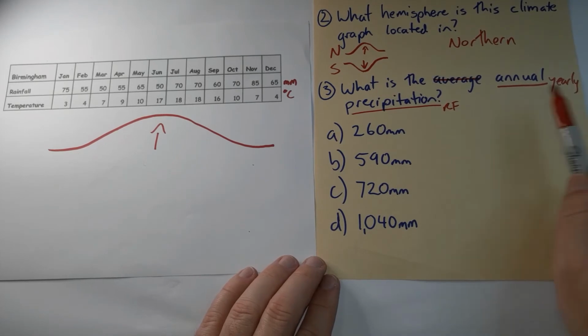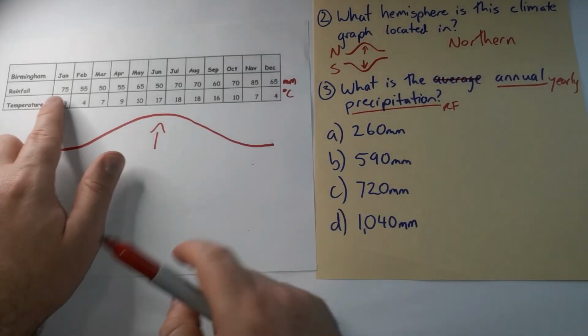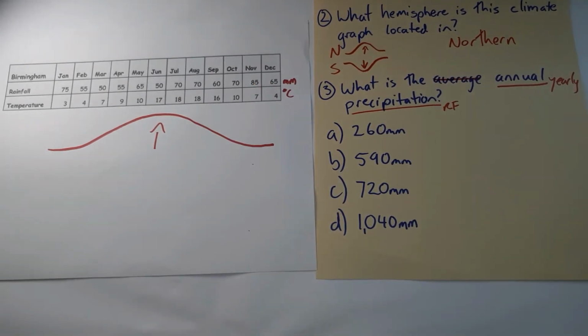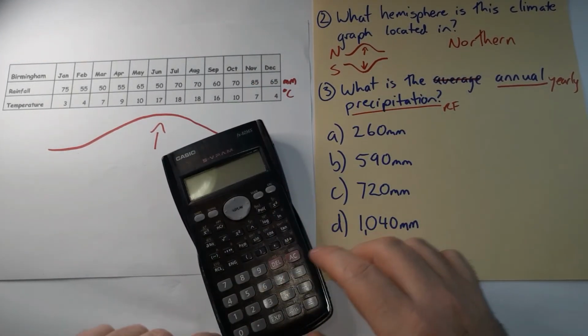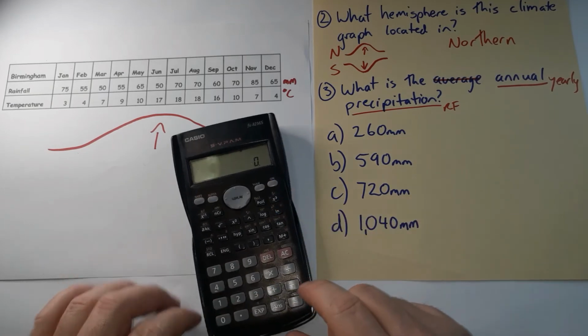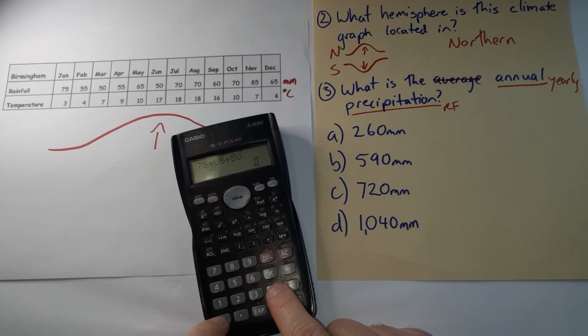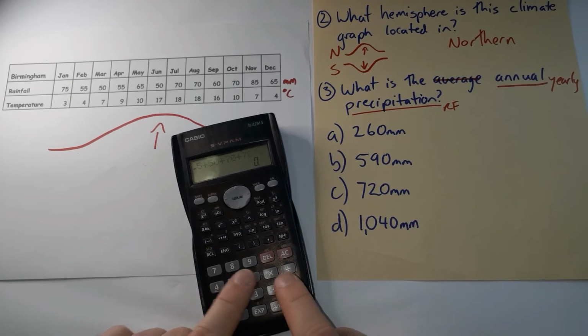So to calculate the yearly rainfall, I'm going to look at the monthly amounts and add them together. I don't know if you'll be able to see my calculator, but I'm going to do it. 75 plus 55 plus 50 plus another 55 plus 65 plus 50 again plus 70 plus 70 plus 60 plus 85 plus another 65.